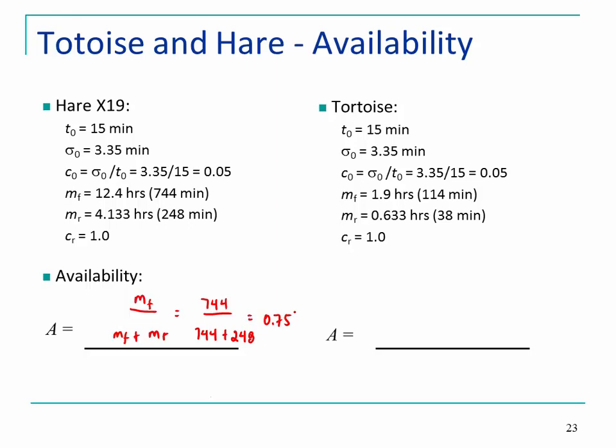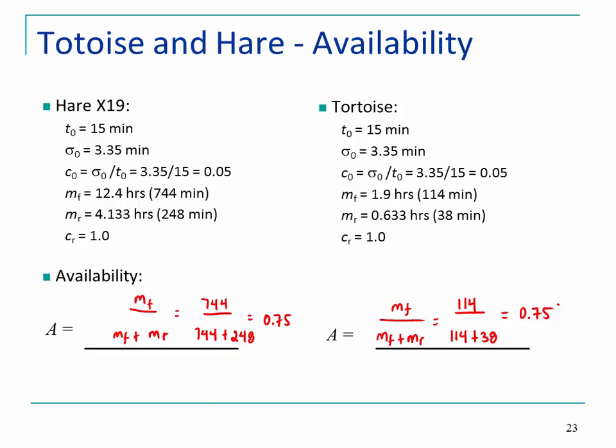And you get to the torque years, or the second machine. It's the same thing: you're going to get 114 divided by 114 plus 38. So this is 0.75. As you can see, by looking at the availability by itself, we cannot make any conclusions because they end up having the same availability.